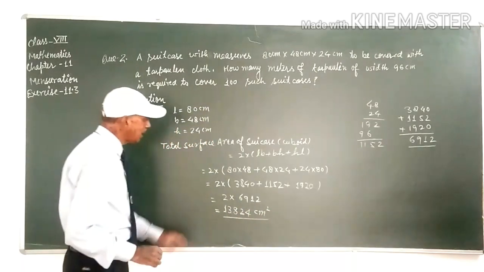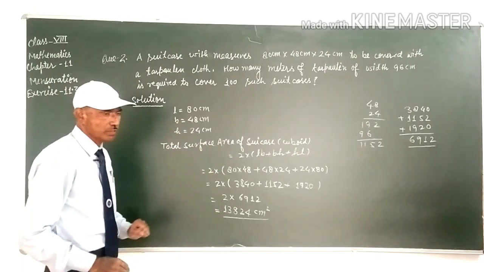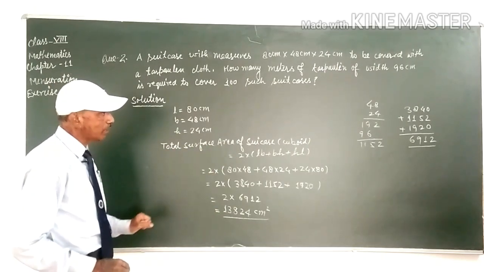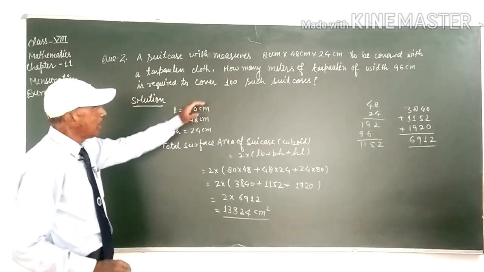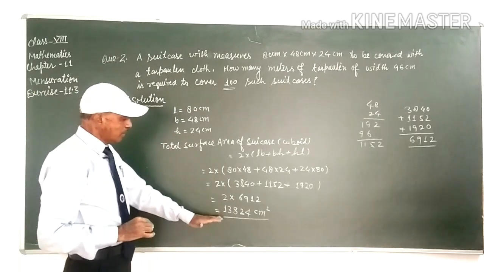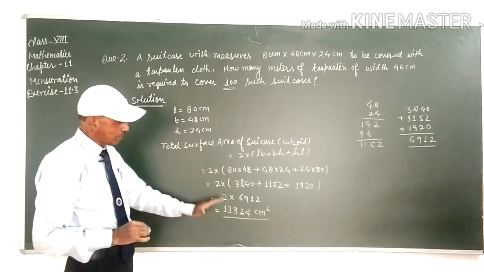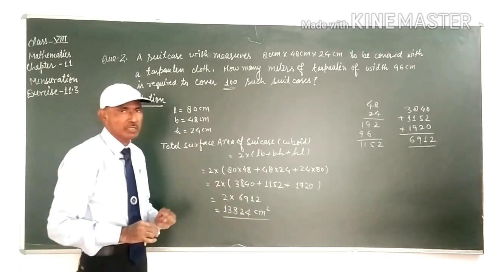This is the total surface area of one suitcase, students. Now we have to find out the total surface area of 100 suitcases. Clear, students? This one is the total surface area of one suitcase, and it is in centimeter square.